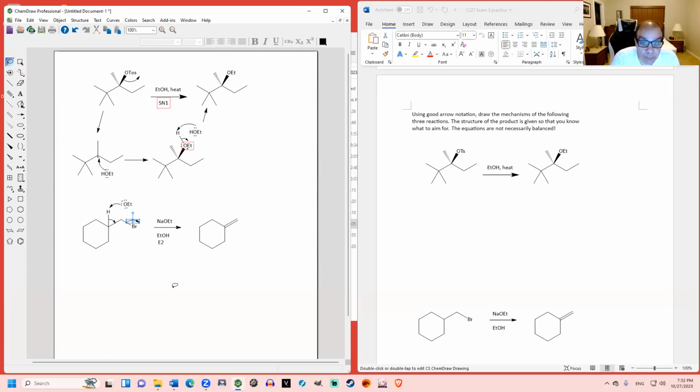So those are 5 reactions you will need to know the mechanisms of: SN1, SN2, E1, E2, and E1CB. You'll need to recognize those reactions when you see them and know the mechanism if you're asked. And don't just memorize the examples from class. I can almost guarantee you the examples from class are not in the exam.